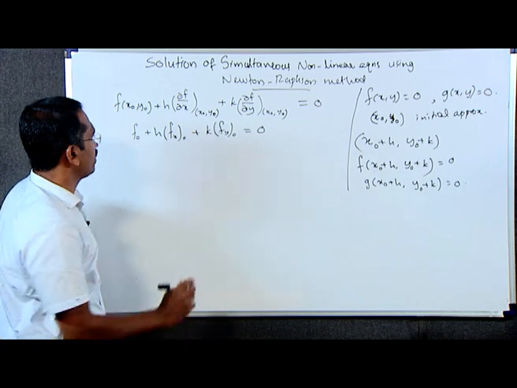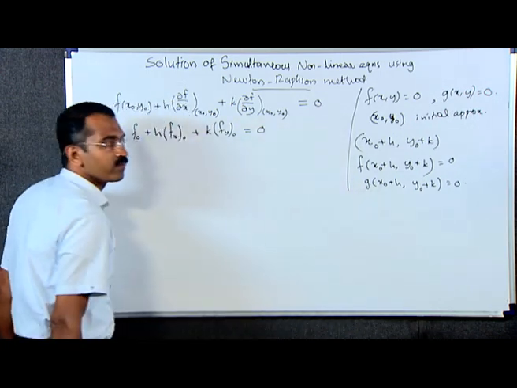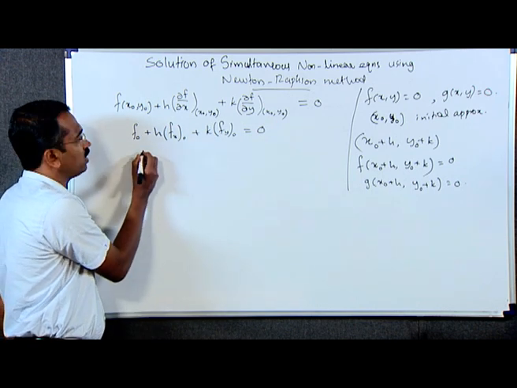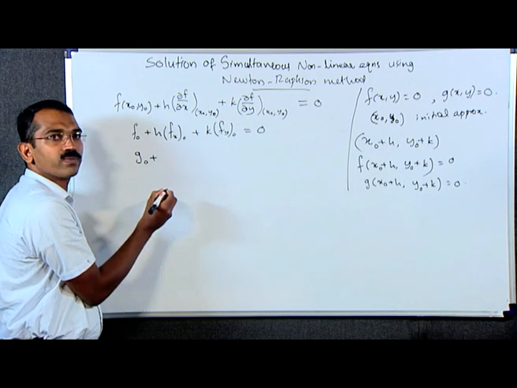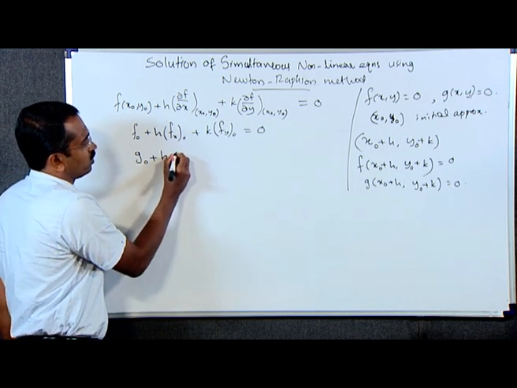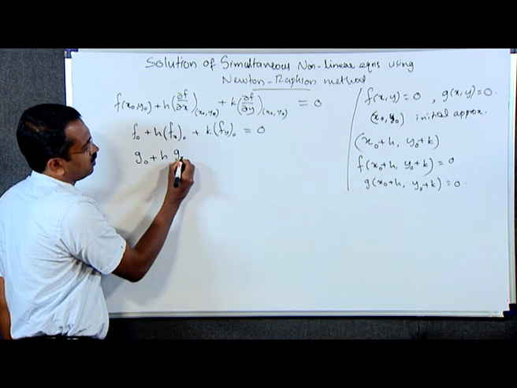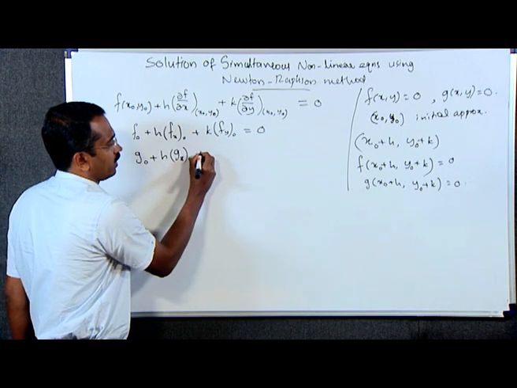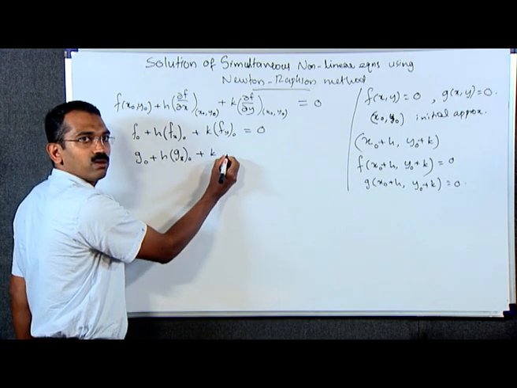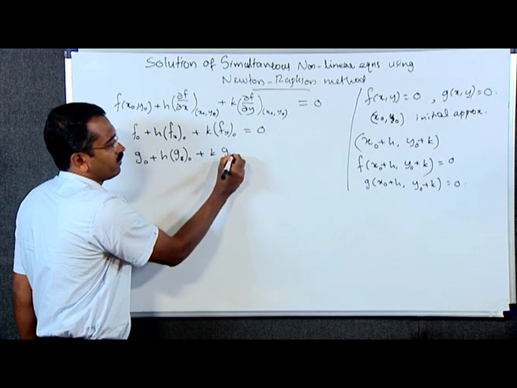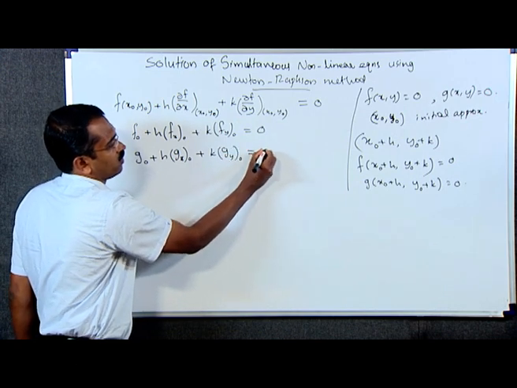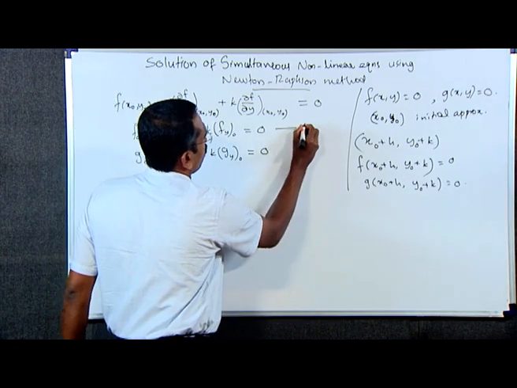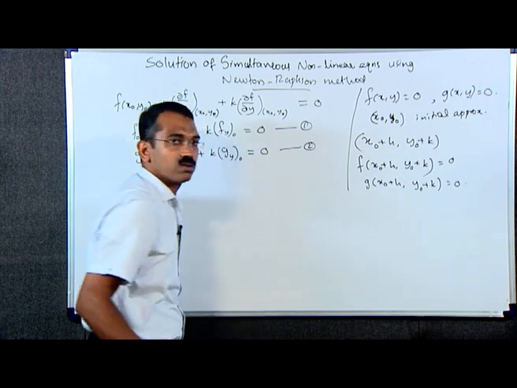Similarly, we can write for g by using Taylor's theorem: g0 plus h into gx, that is the partial derivative of g with respect to x at (x0, y0), plus k into gy at (x0, y0), which is equal to 0. Let it be equation number 1 and this be equation number 2.